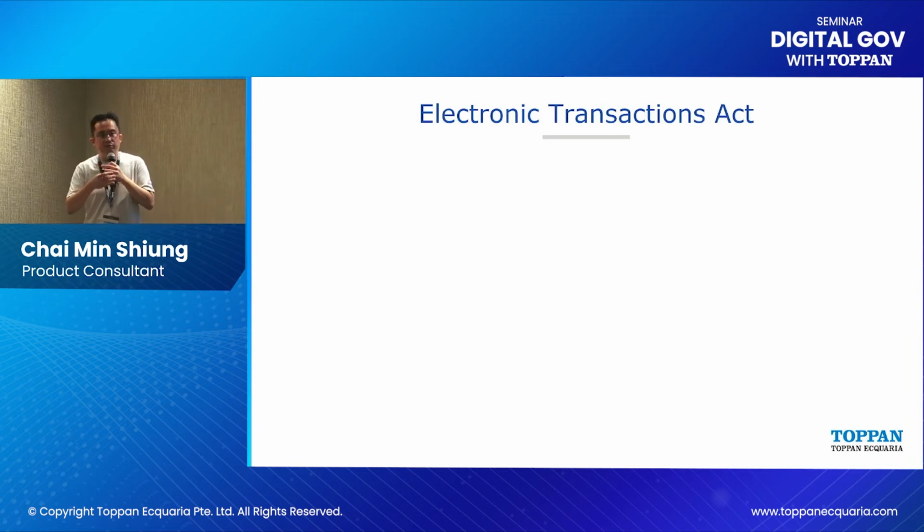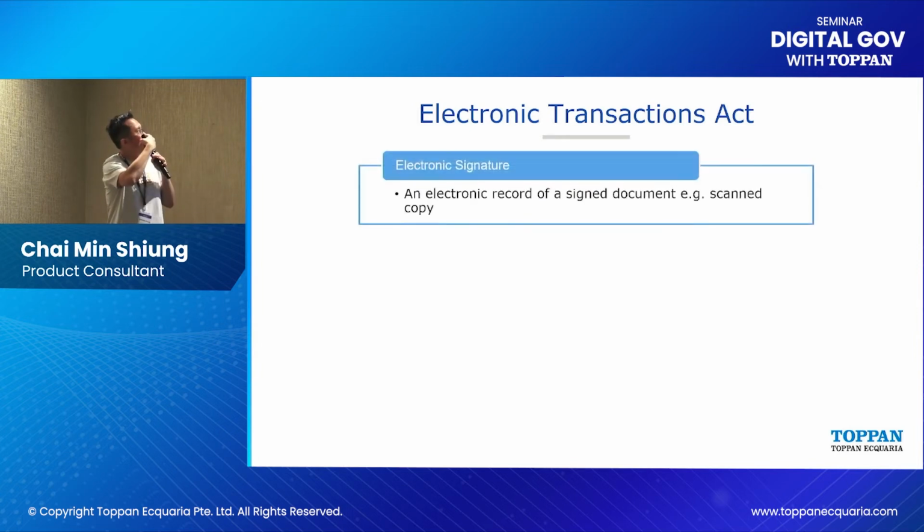In Singapore, the enforceability of electronic signatures is governed by Chapter 88 of the ETA, and this chapter draws a distinction between three types of signatures. First is your electronic signature. An electronic signature is essentially an electronic record of a signed document. So you can send a document in PDF, and you can paste an image of your signature down there. You call that a signature.